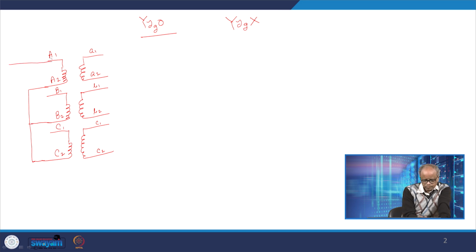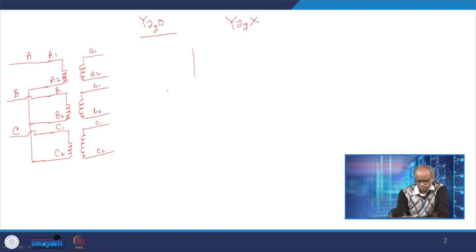Then this is phase A, this is phase B, phase C, and then we do the phasor diagram.